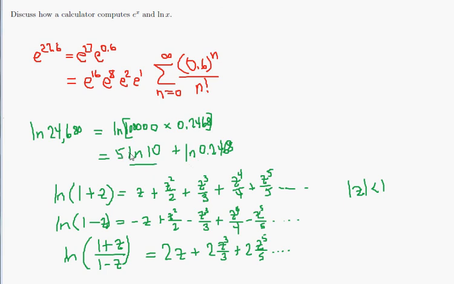So 5 natural log 10 is knowable from just simply calculating the natural log of 10 once and storing that in memory, while the natural log of 0.2468 is found by Taylor series, typically the second Taylor expansion, or the bottom Taylor expansion that's seen on the screen right now. We set 1 plus z over 1 minus z equal to 0.2468. We solve for z, and then we plug into the right-hand side.